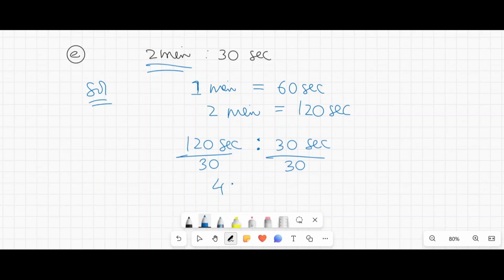So 4 seconds ratio 1 second. So I hope this is understandable.